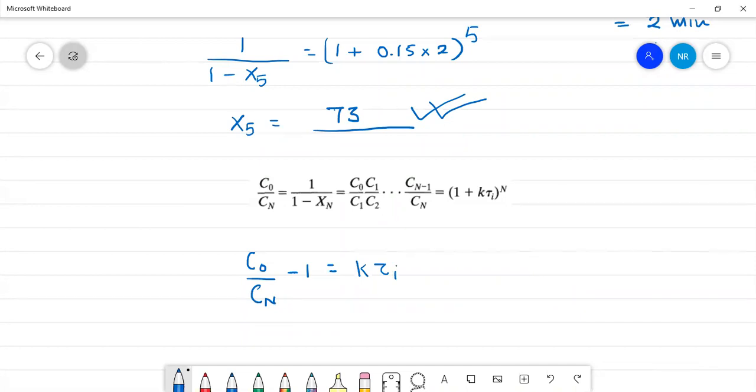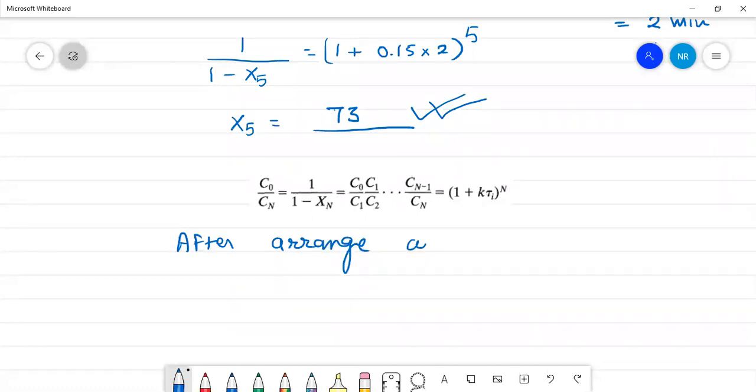Here, k tau i. So once this comes here, sorry, let me go straightforward. If we do the arrangement, after arranging the above equation, then we can write the mass value.